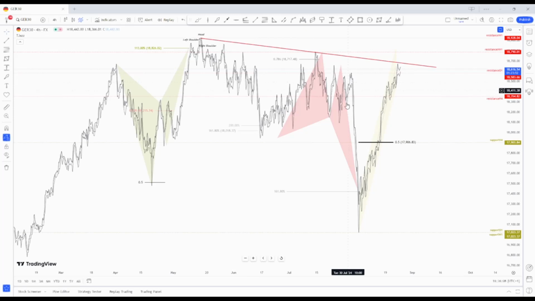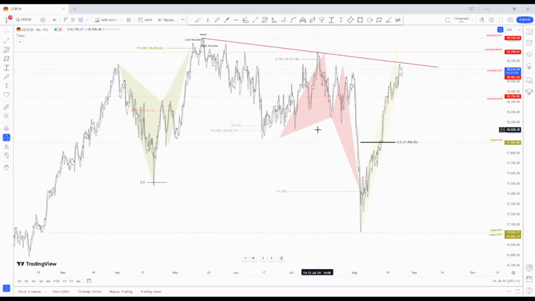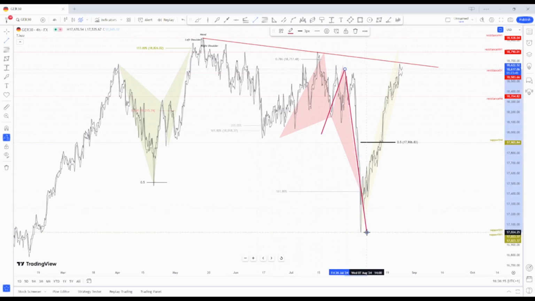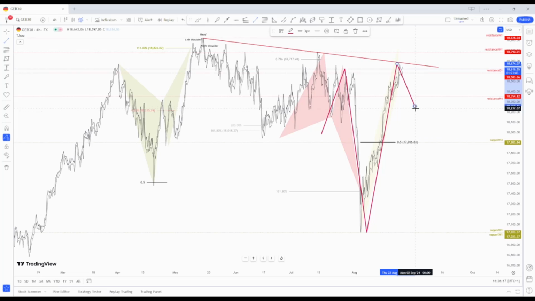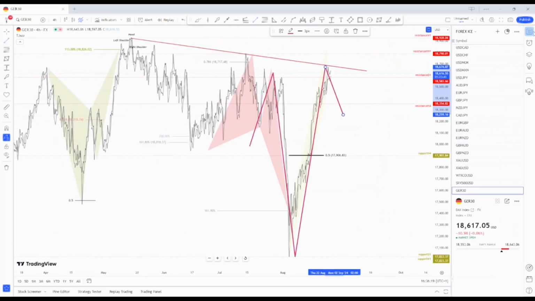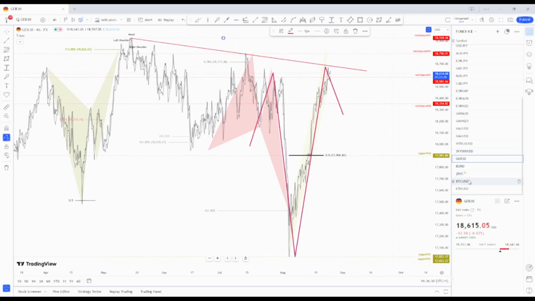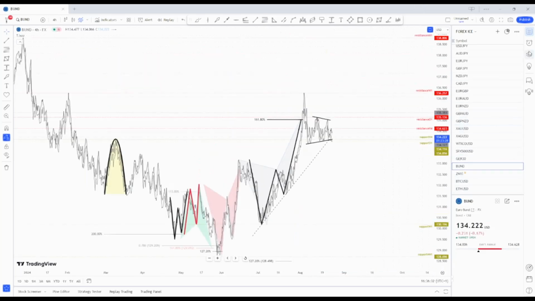So I will admit even the formation of a head and shoulders or an inverted head and shoulders if the price starts to pull back from here. So ultimately, the violation of the highs of 18,928 level of resistance may trigger more bullish momentum.